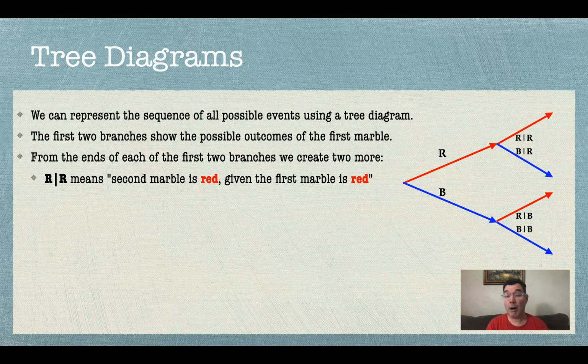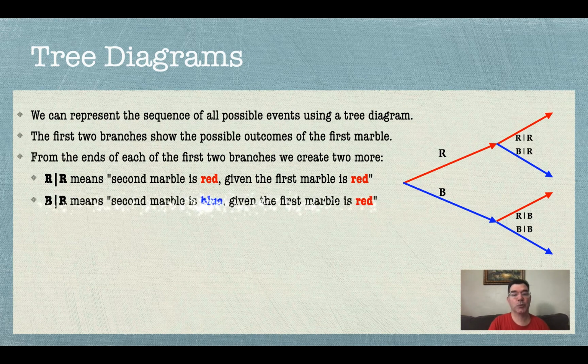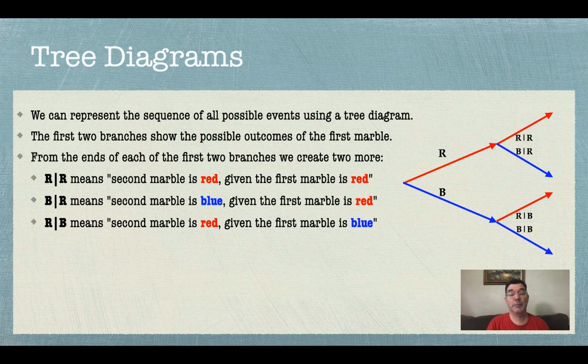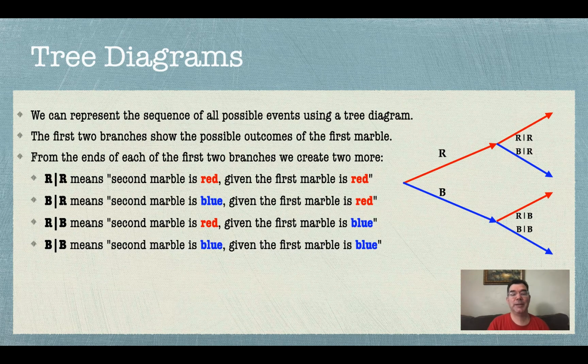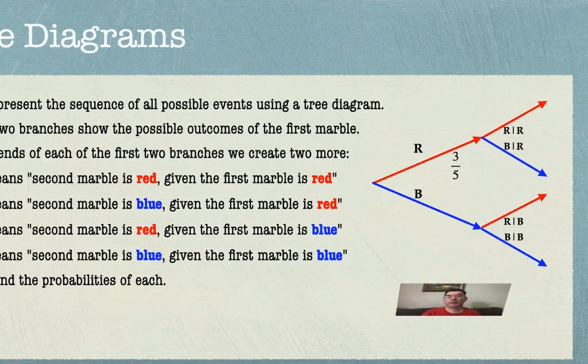So R given R on that top branch means that the second marble is red given the first marble is red. B given R means that the second marble is blue given that the first marble is red. R given B means that the second marble is red given that the first marble is blue. So whatever is given comes after that bar. And so B given B means that the second marble is blue given that the first marble is blue. All right, so we find the probability of each possible event. So I start with the first branch.